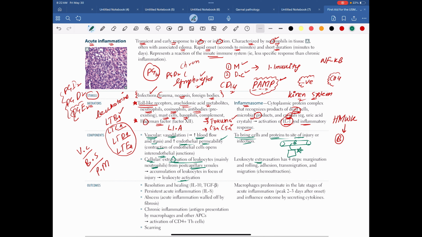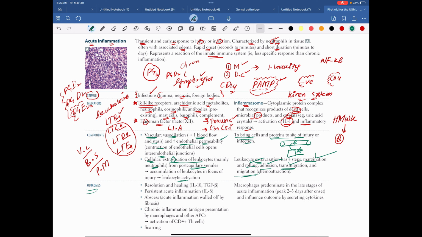So neutrophils are going to come to this injured tissue by these steps. First one is margination, second one is rolling, third one is adhesion, fourth one is transmigration, and the fifth one is migration. So these are the different steps which lead to neutrophil extravasation. So please, you guys have to remember these steps. We will study these steps in detail on the next page.